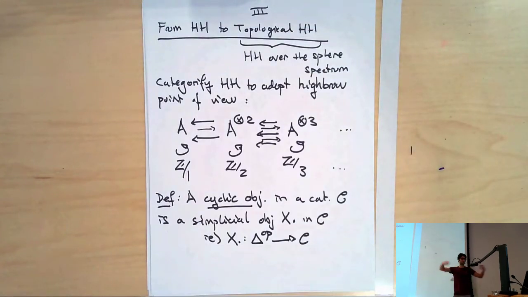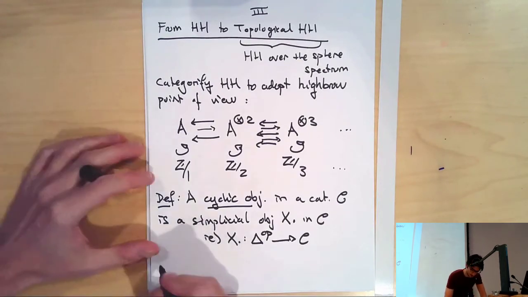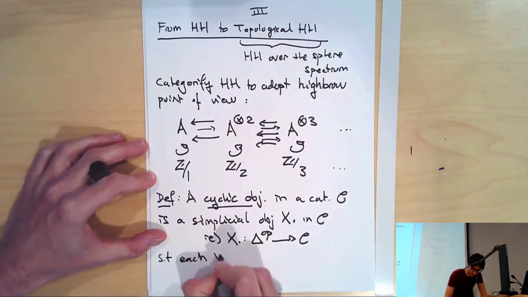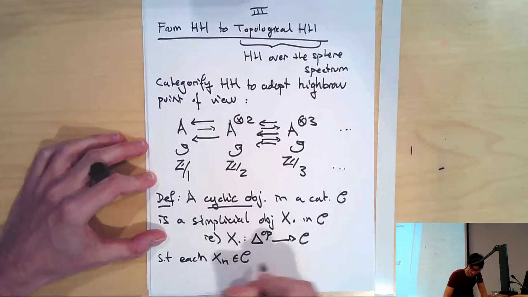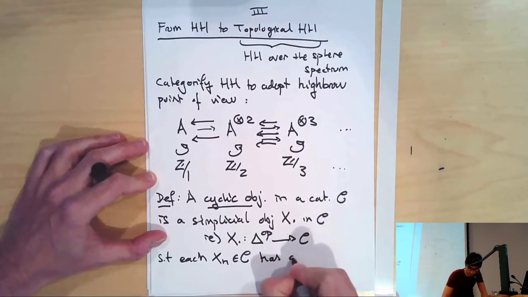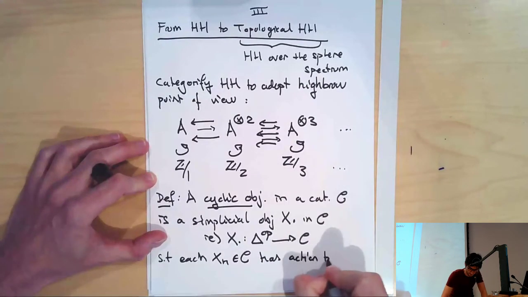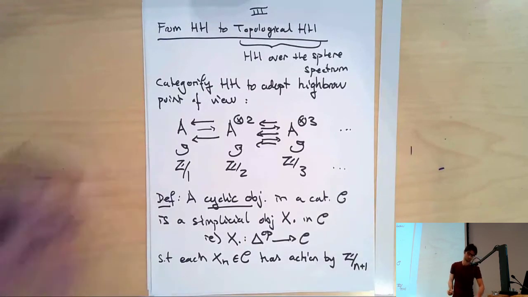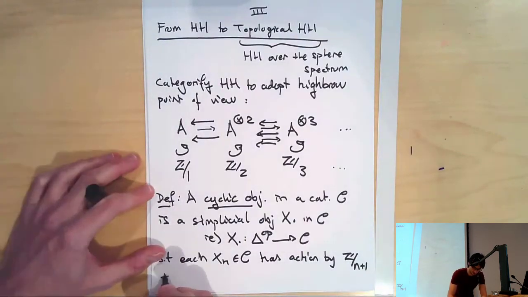A priori it means we've got a countable collection of objects and some maps between them satisfying some relations, but that's the same as saying that we have a functor from Delta op to C. And then we need some more, such that each X_n, so these are some objects in C, is equipped with some action by Z mod n plus 1, plus some axioms.